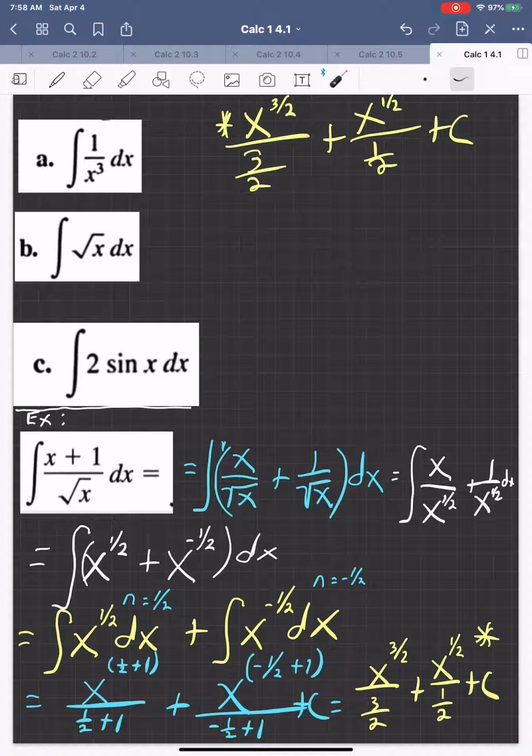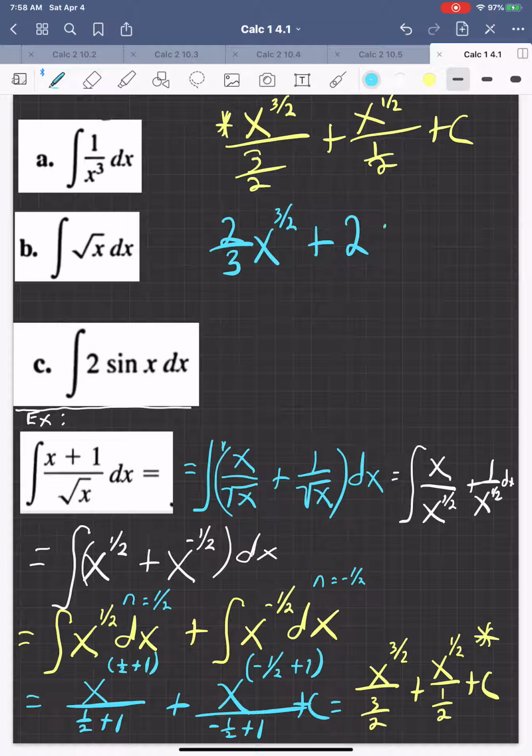Okay? So this is really 2/3 x to the 3/2. To divide by 1/2 is to multiply by 2. To divide by 2 is to multiply by 1/2. So this is plus 2x to the 1/2 plus c.